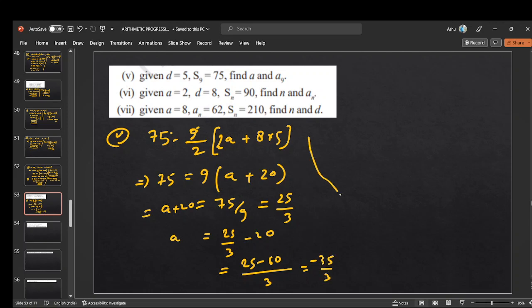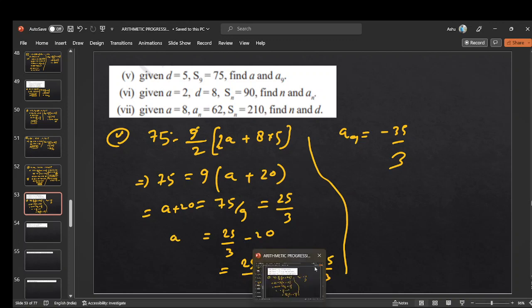Here we got the value of A. Clear? Now what is the value of A9? It is minus 35 by 3 plus 8 and D is 5.